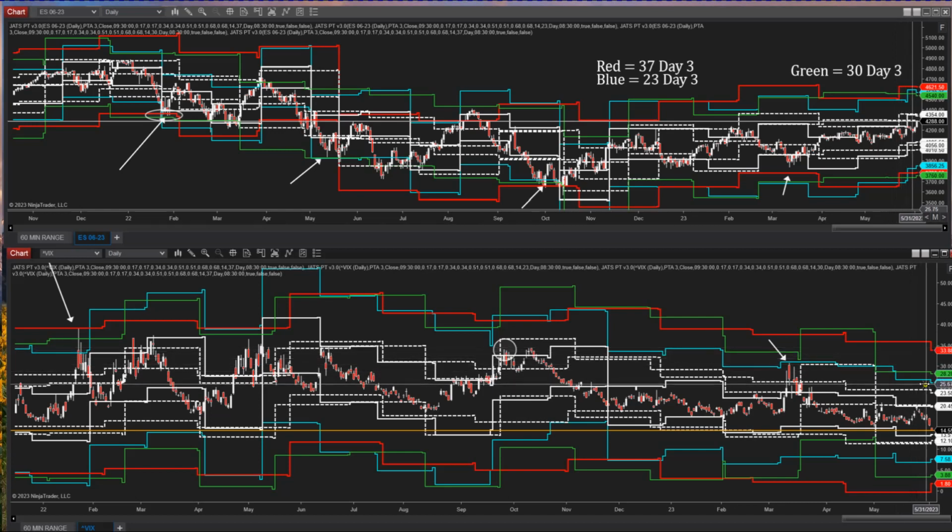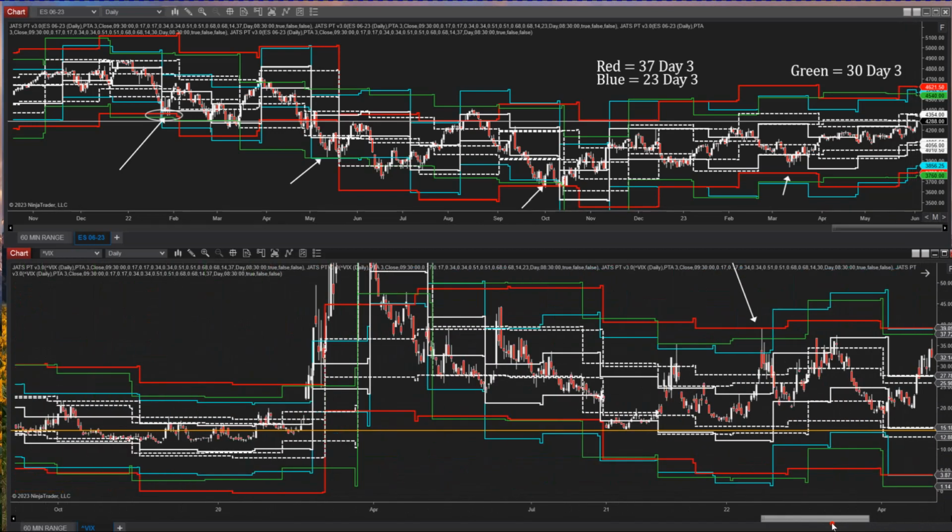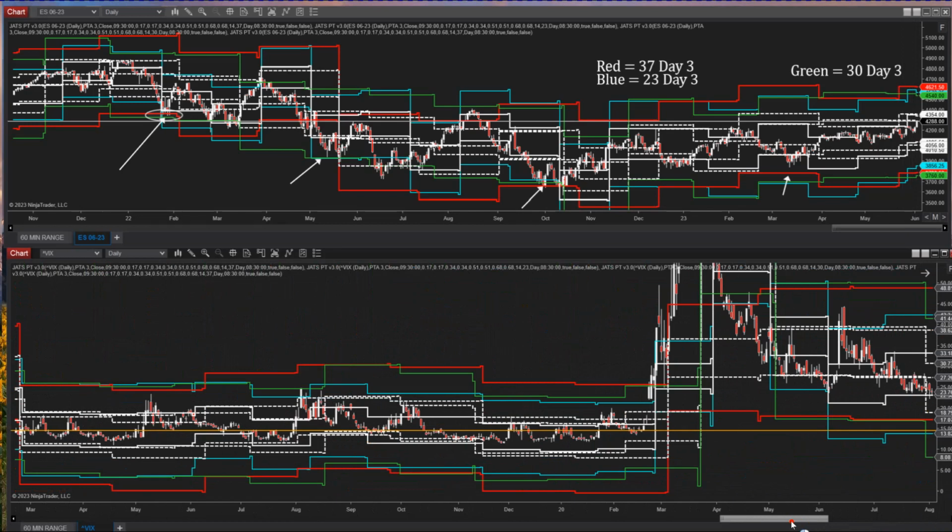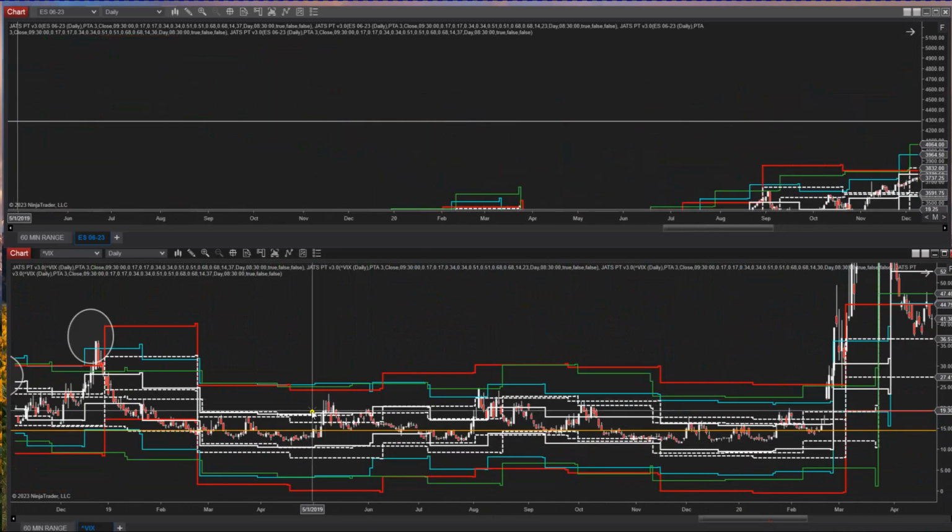I'm expecting to see some of these closer ones break at some point. There's plenty of event risk out there, so it's certainly possible to get up there, like here where it broke out to try to get up there.